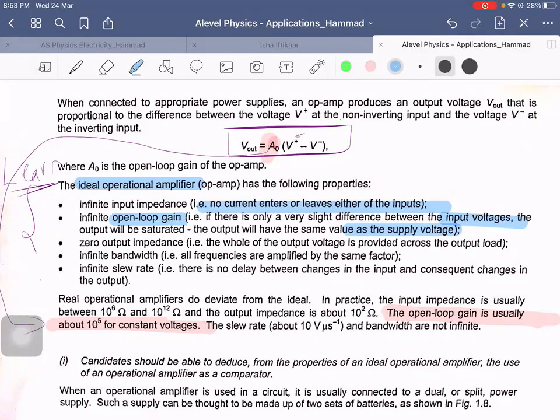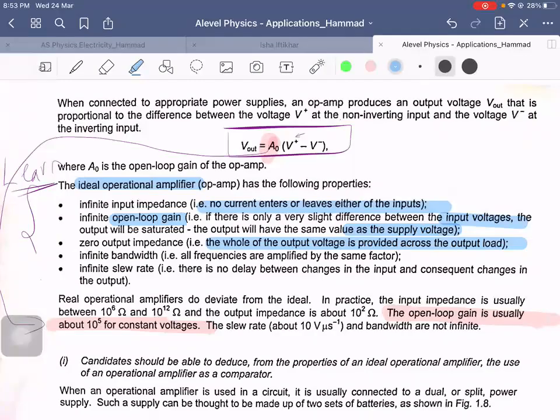Zero output impedance, meaning to say the whole of the output voltage is provided across the output load. The whole purpose of an amplifier is that it is converting the input to the output, and there is no loss of potential during the process. The amplifier has an infinite bandwidth, meaning to say all frequencies are amplified by the same factor. Infinite slew rate, they ask you about this in the exam. There is no delay between the changes in input and consequent changes in the output.